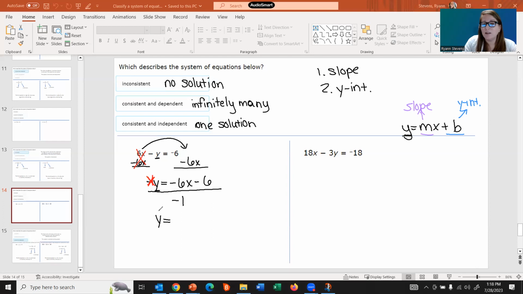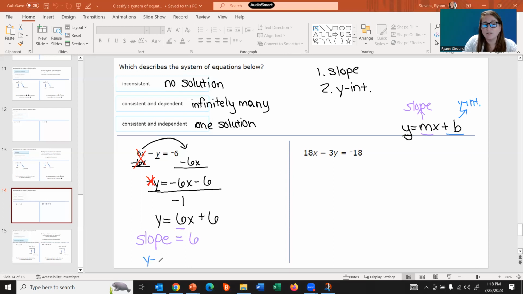-6 divided by a -1 is going to change to a positive 6x. And then same thing here, -6 divided by -1 will be a positive 6. So now we can look at our slope and our y-intercept pretty easily. We could say, okay, my slope here is this number in front of x, which is just a positive 6.